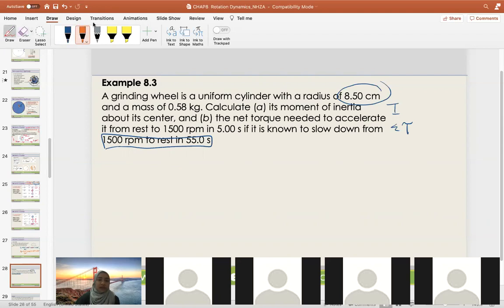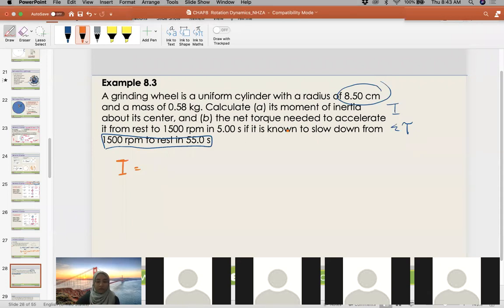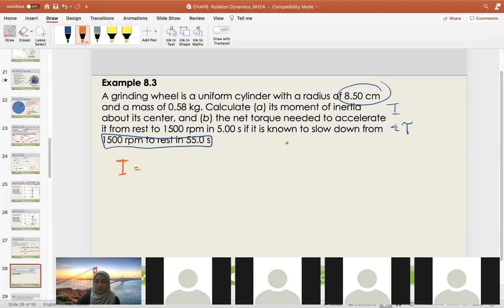Faiz, what's the I for a solid cylinder? Where's Faiz? Faiz, are you there? Faiz has gone to La La Land.